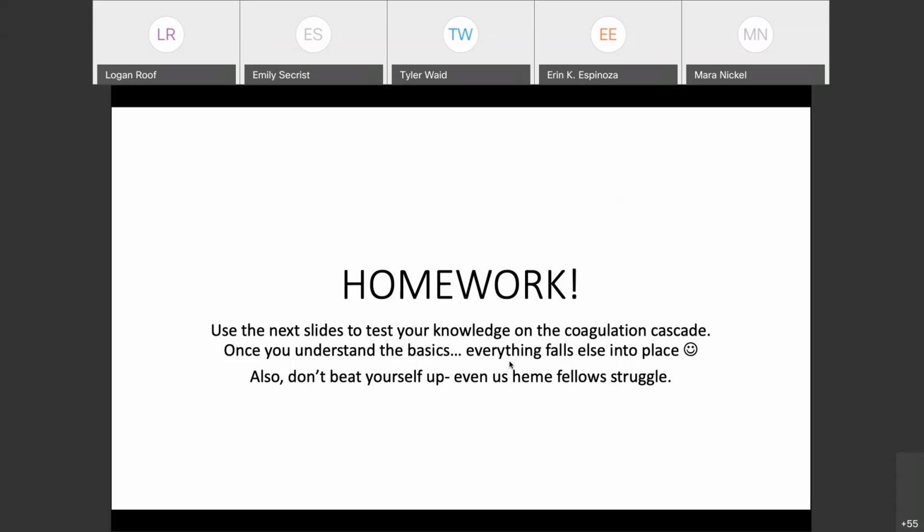Because we as hemonc fellows get that question a lot from you guys. Any kind of coagulopathy can be difficult to tease out even for us fellows. But hopefully the PowerPoints help you walk through how to treat it and how to think about it.